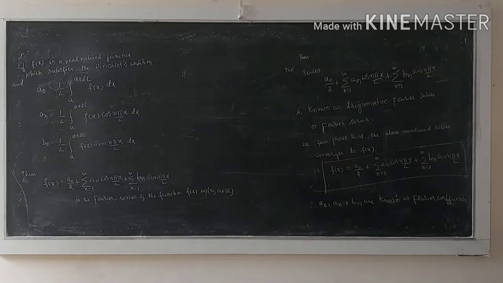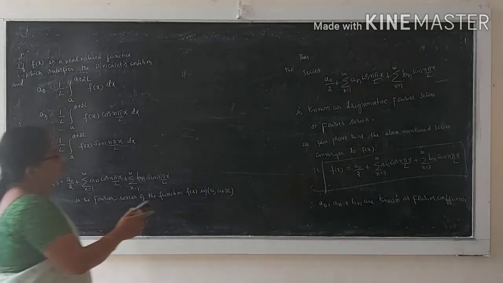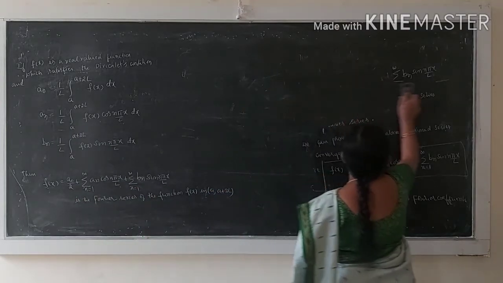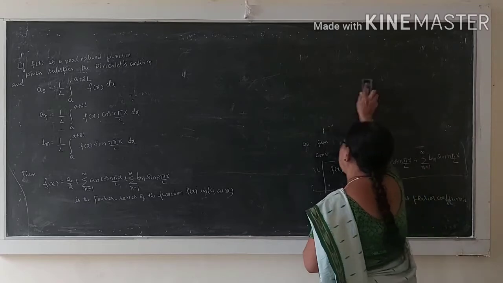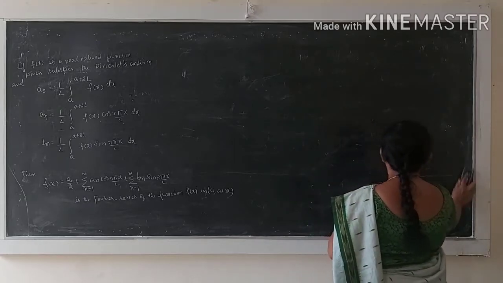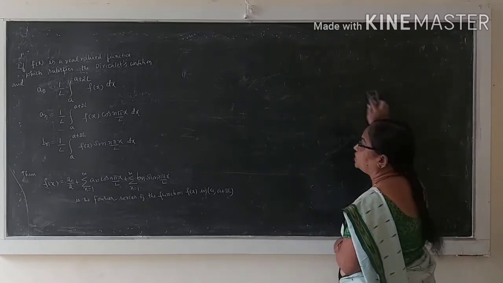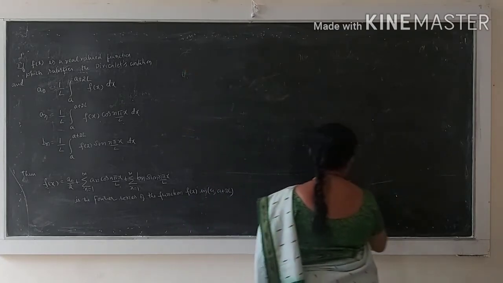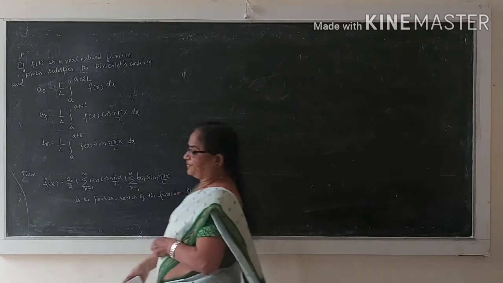Now I want to find out some special cases of this Fourier series. What happens if a is equal to 0? What happens if a is equal to minus π? What happens if a is equal to L? If you know this basic formula, you can evaluate those formulas well using this only.